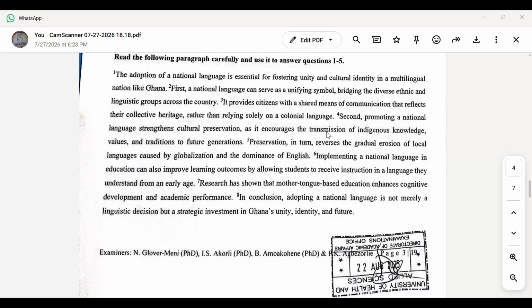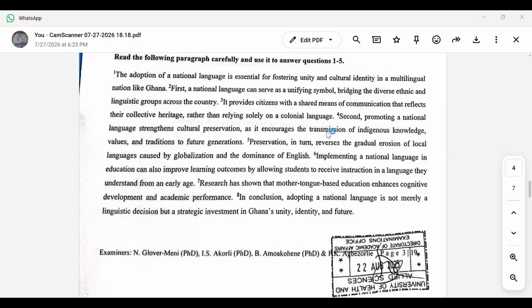I said the topic sentence is sentence 1, the adoption of a national language. It's essential for fostering unity and cultural identity in a multilingual nation like Ghana. It's a topic sentence because it introduces the main idea of the paragraph.